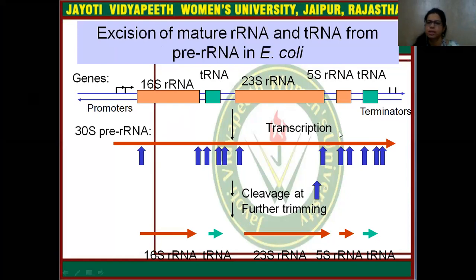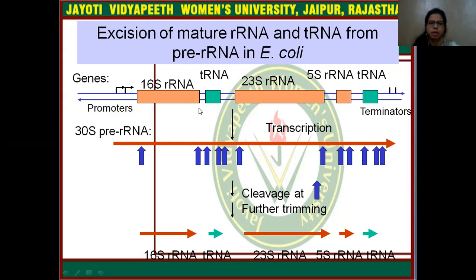First of all, transcription will occur. It will create this 30S pre-rRNA region, and cleavage and further trimming will be done. So it will create 16S rRNA, tRNA, 23S rRNA, 5S rRNA and tRNA.